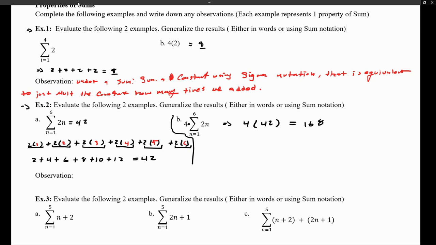And to put it into words, what we can say is that a constant in front of a sum, which in this case is 4. So notice that this constant of 4 is in front of the sum.